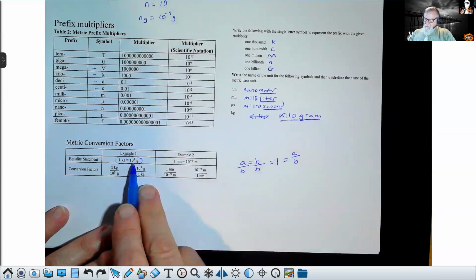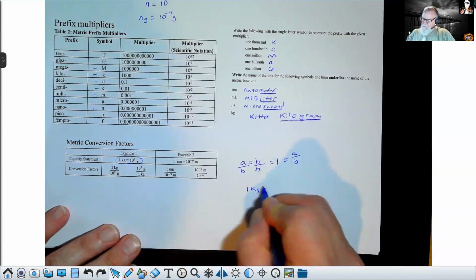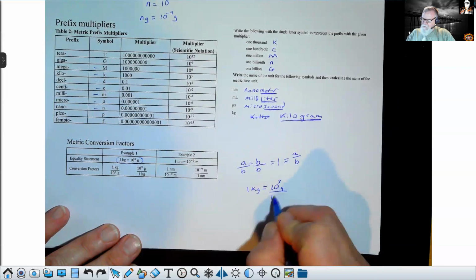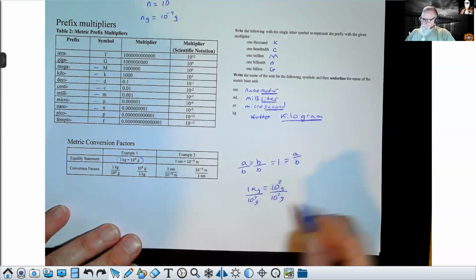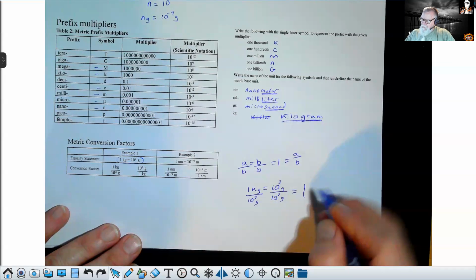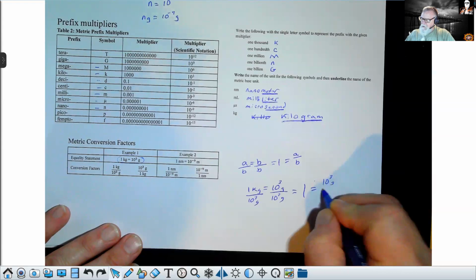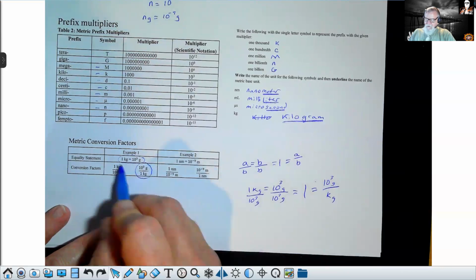So if I take this equality, 1 kilogram equals 10 to the third grams, and I divide both sides by 10 to the third grams, this then is equal to 1. So if kilogram over 10 to the third grams is equal to 1, then that is also equal to 10 to the third grams divided by kilogram, right? And so that's how we come up with our two conversion factors.